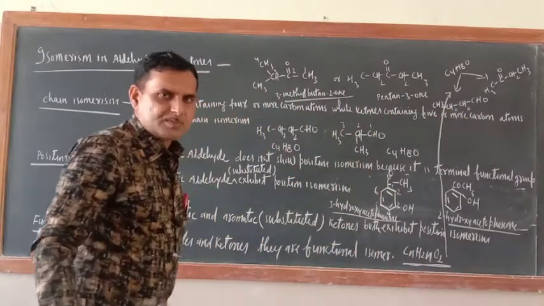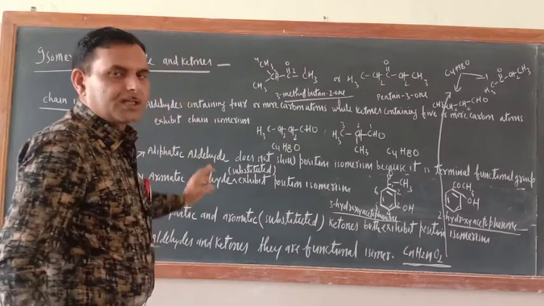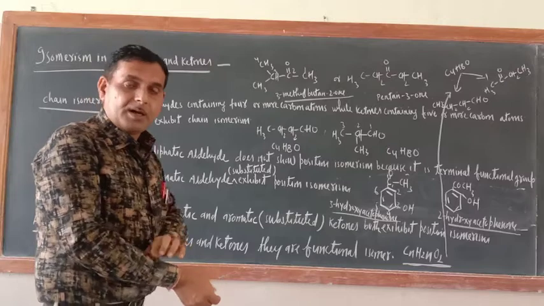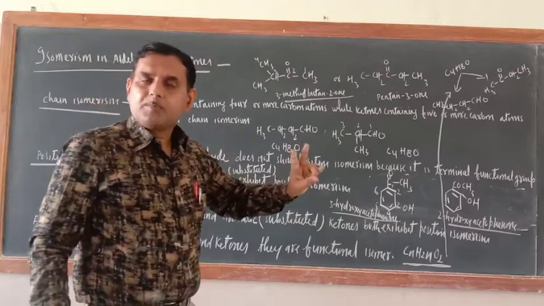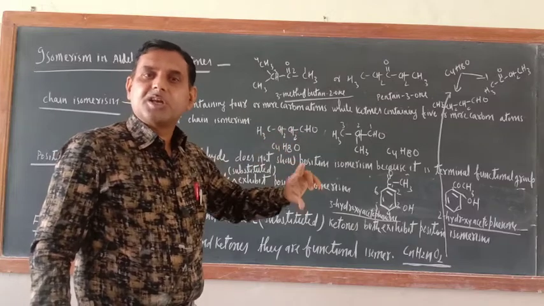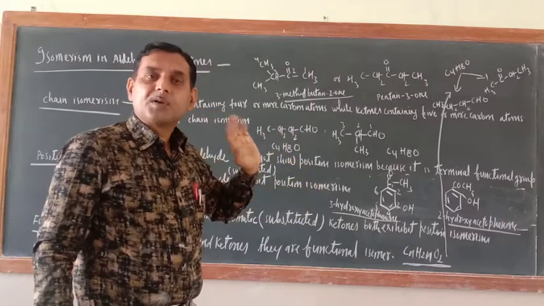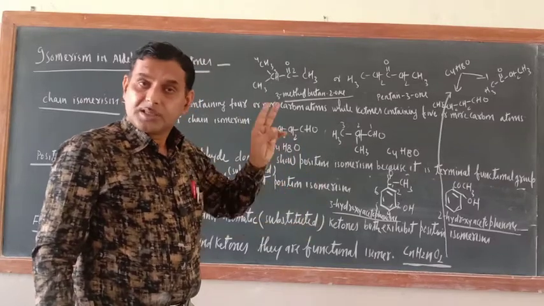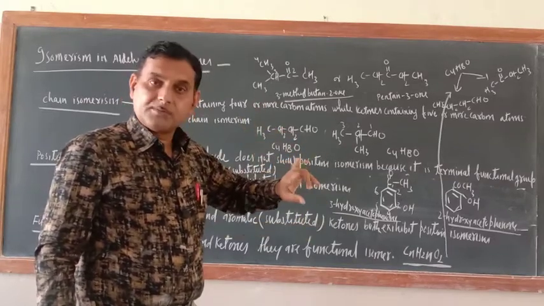One more isomerism is there, that is metamerism. Remember, organic compounds where the functional group lies in between the chain exhibit metamerism. The meaning of metamerism is different arrangement of alkyl groups around the functional group.